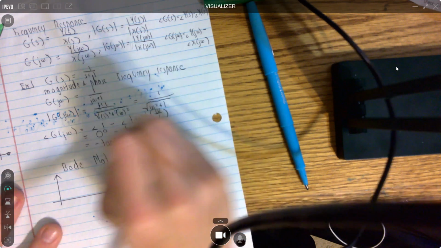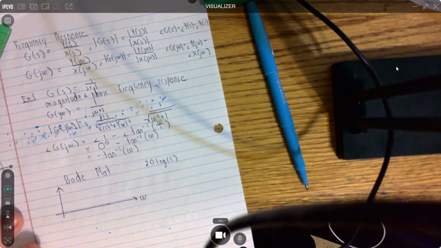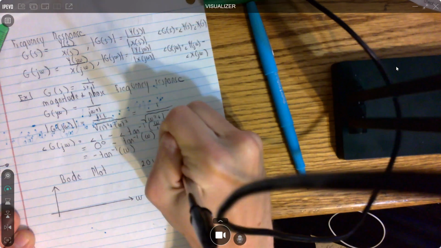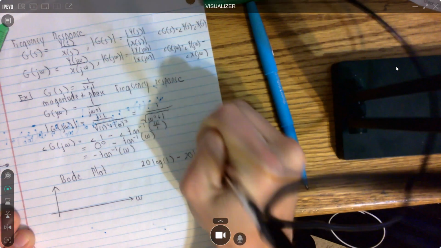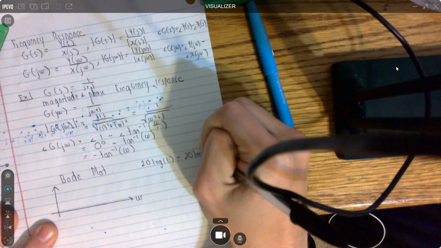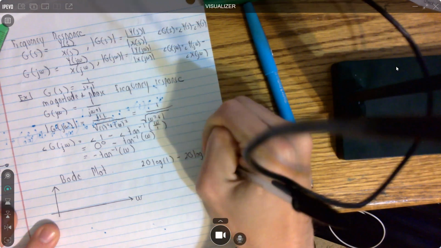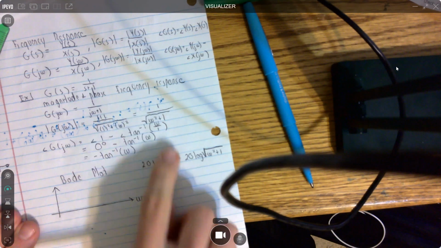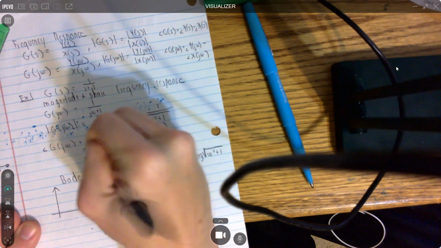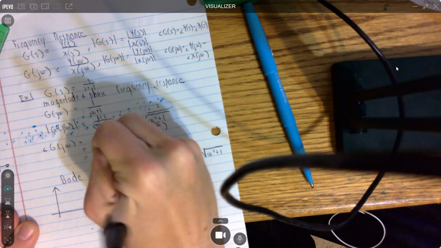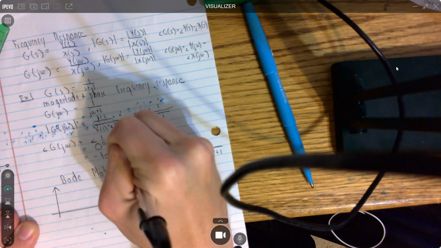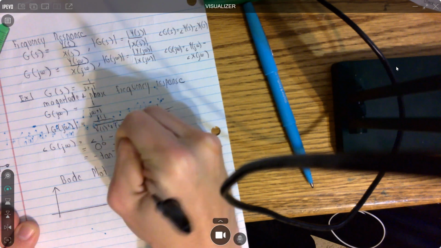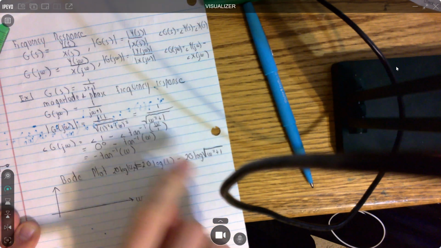Then in our denominator, it's going to be minus 20 log of the magnitude, which is the square root of omega squared plus 1. Because if you wrote the equation for the magnitude response, on your Bode plot, on the magnitude axis, you plot 20 log of the magnitude of G(j omega).